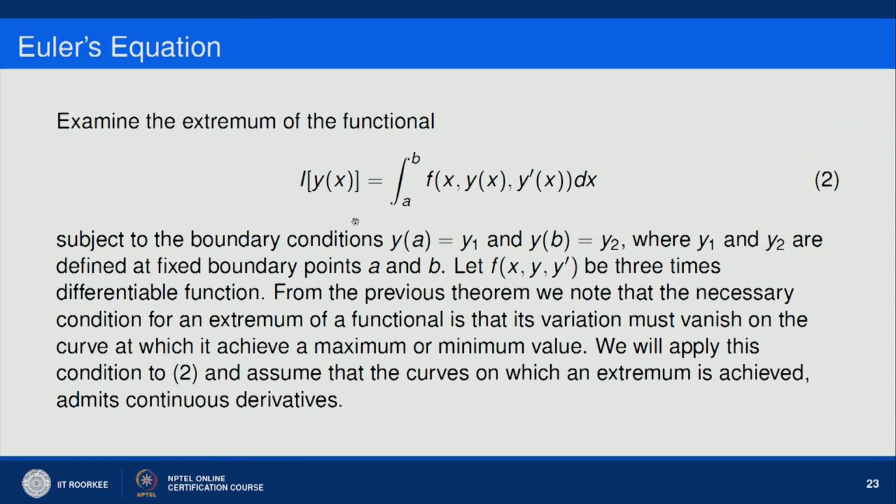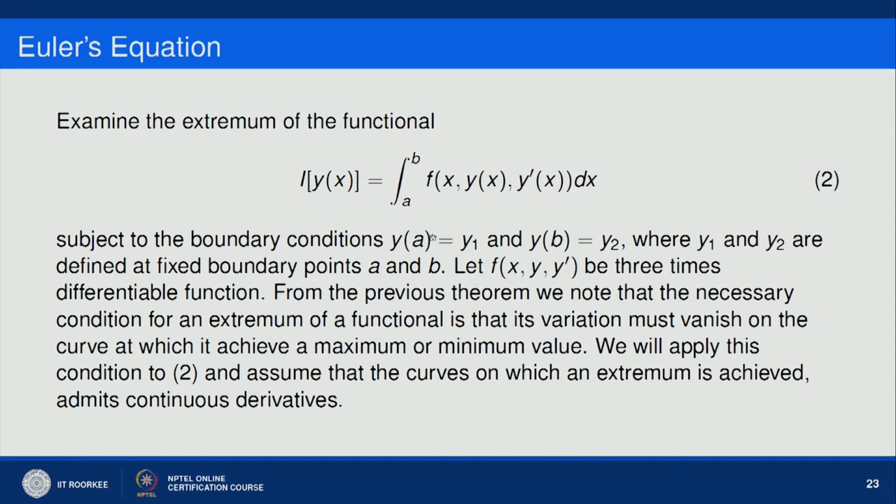Here we are trying to find the answer to this question: if y equal to y naught x extremizes the functional I of y of x, which is given as the integral from a to b of f of x, y of x, y dash x dx, satisfying the conditions y of a equal to y1 and y of b equal to y2, then what kind of differential equation should it satisfy?